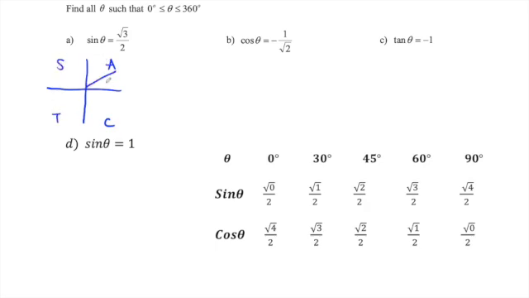So it's going to be in your first quadrant and in your second quadrant. Since it's in your first quadrant, it's going to be 60 degrees, but you need to find that principal angle over here. So you're going to have to do 180 minus 60 degrees, which gives you that 120. Okay, so another theta is going to be 120 degrees for that example.